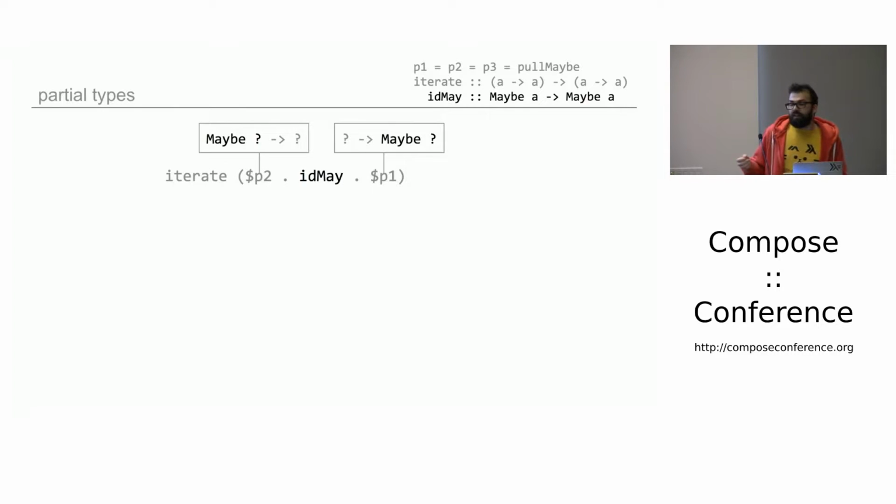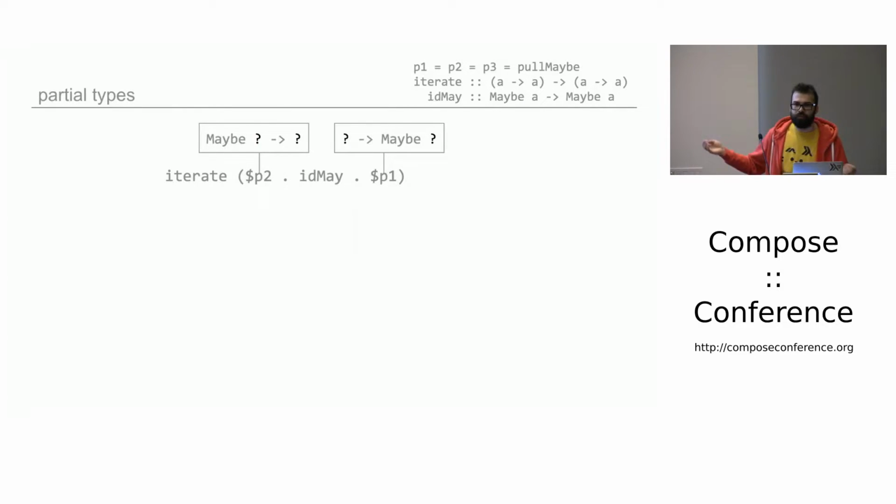From the type of IDMay, just some function that's defined elsewhere in the program of type Maybe A arrow Maybe A, I learn something about the input of $p2, since IDMay returns a Maybe something. I know that $p2 receives a Maybe something. And similarly, since IDMay receives a Maybe something, we know that $p1 must produce a Maybe something.